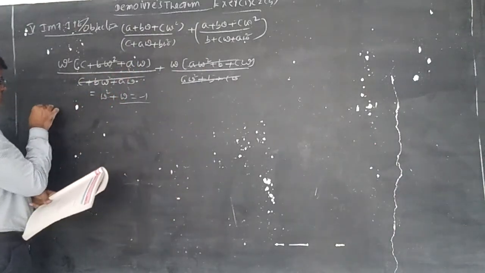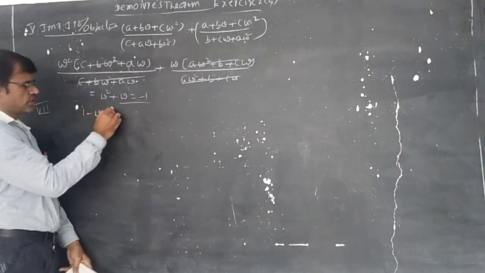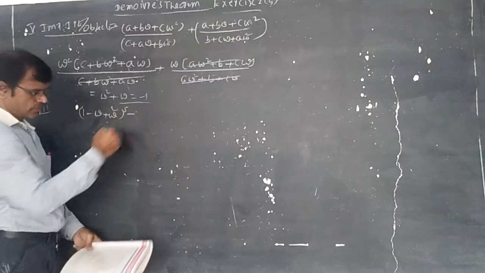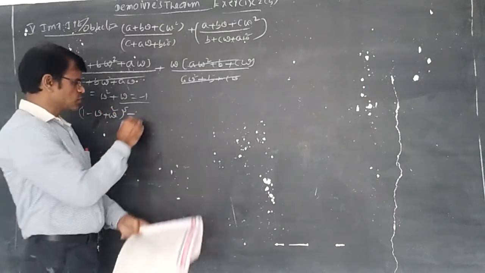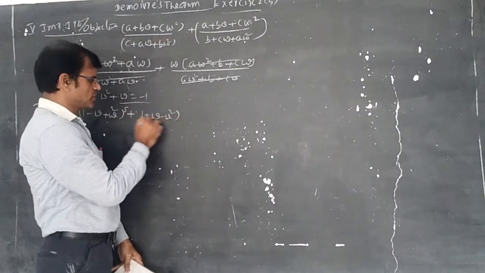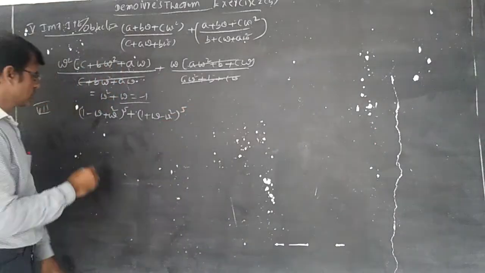Now, 7th question. (1 minus omega plus omega square) whole power 5 plus (1 plus omega minus omega square) whole power 5.